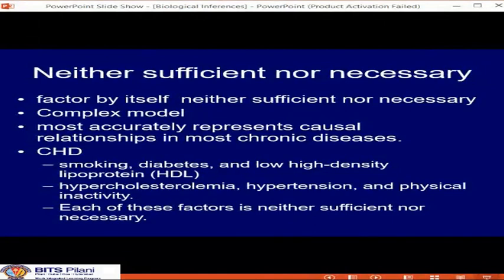Another set of people may have high total cholesterol, they may have hypertension, and they may have physical inactivity. And this group is also at risk for getting coronary heart disease. So you see that none of these individual factors is sufficient by themselves, and none of them by themselves are necessary. So a conglomeration or a group of these risk factors together can then cause disease.